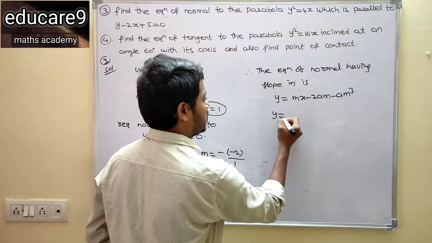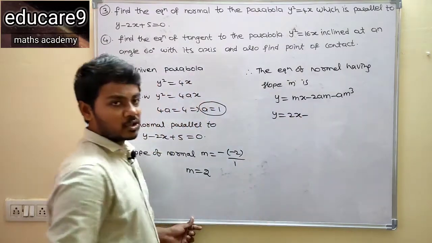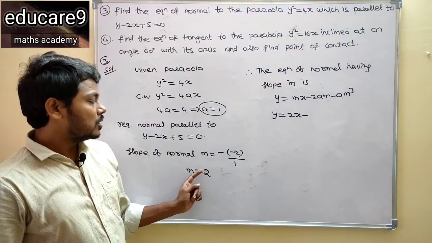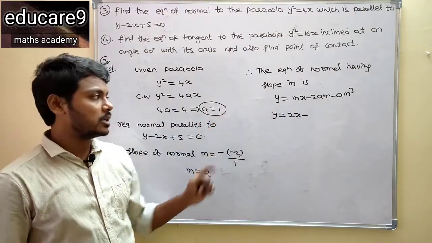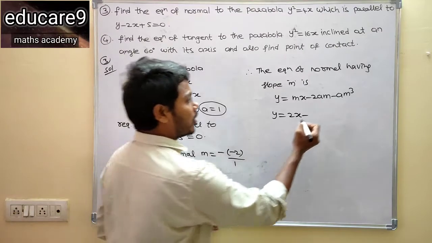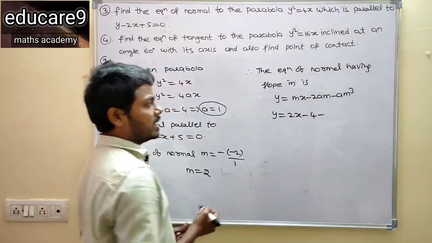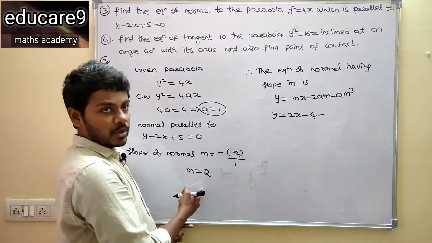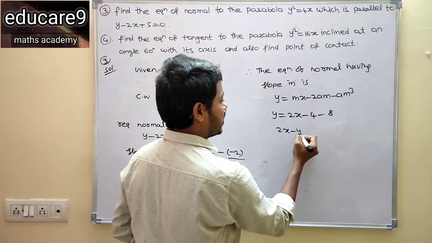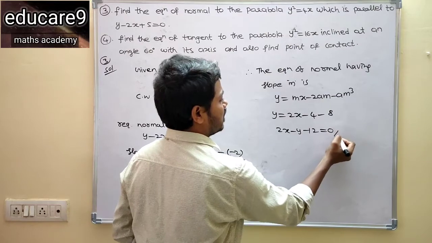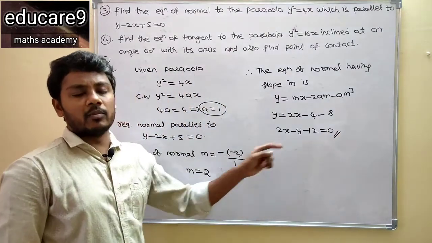So y is equal to 2x minus 2a into m, that is 2 into 1, that is 2, again into 2, 4, minus a into m cube, 1 into m cube, that is 8. So this is 2x minus y minus 2 equal to 0. So this is the required normal.